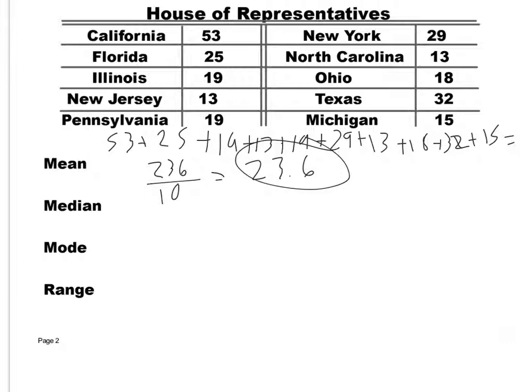Right? Now I need to find the median. So what I do is I list these from least to greatest. You do have to write them out to be able to do it. So I go 13, 13, 18, 19, 19. Oh, there is a 15, yep.